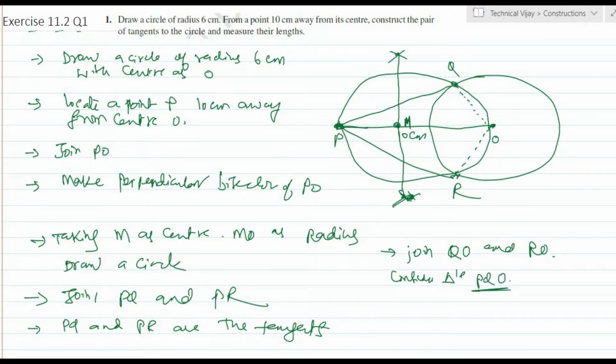In this, angle Q is equal to 90 degrees, because this is the angle subtended in a semicircle. So always this will be equal to 90 degrees. So OQ is perpendicular to PQ.